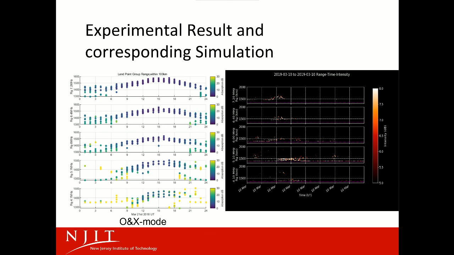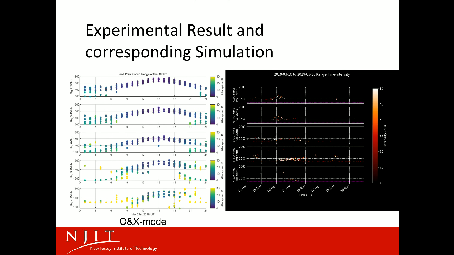In this slide, the left panel is a combination of X mode and O mode. Comparing with the actual experiment data, there is some downshift in group range in our simulation result.